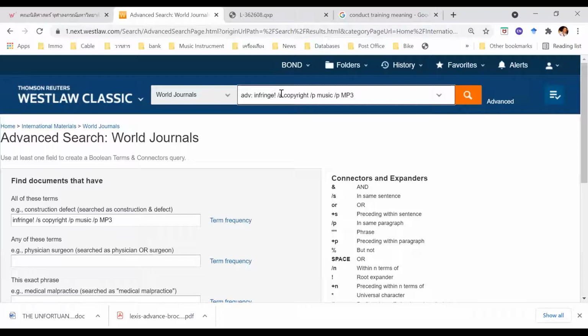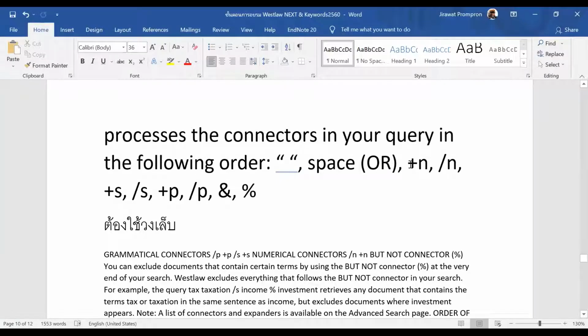If you use different operators, you have to consider this. I will show you this one. They will be ordered. So it means the connectors in your query, if you combine more than one operator, they will order the searching process, starting with one first, followed by this one.